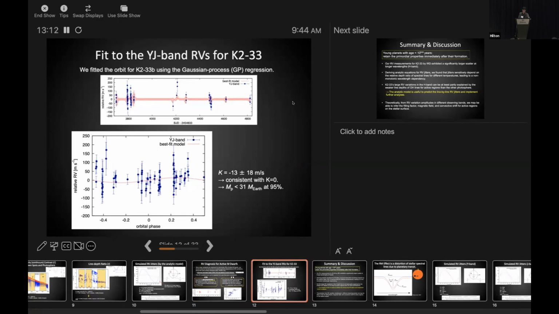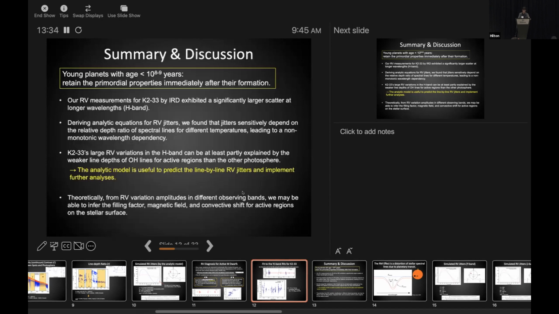And this is the result. Unfortunately, the LV precision in the Y and J band is not so great, and we could place only a very weak upper limit for the mass of the planet. We got an upper limit of 31 Earth masses at the 95% confidence level.